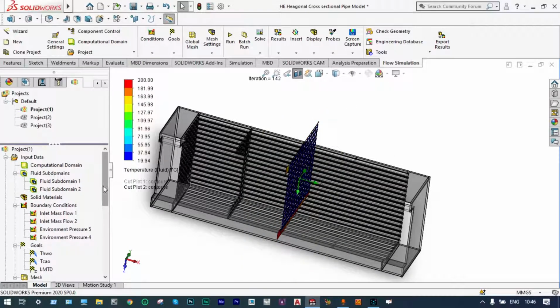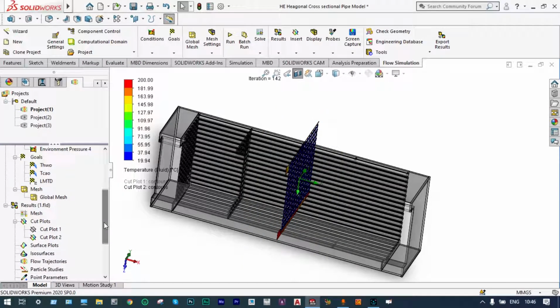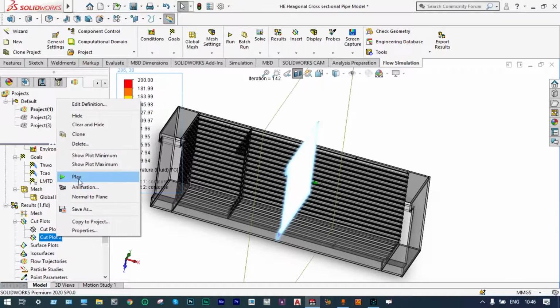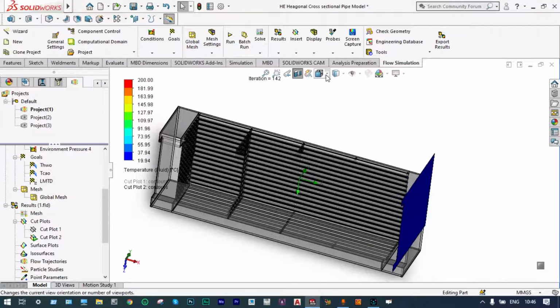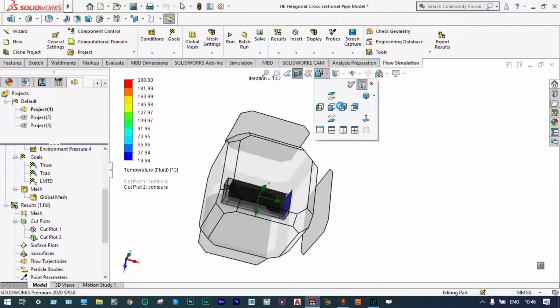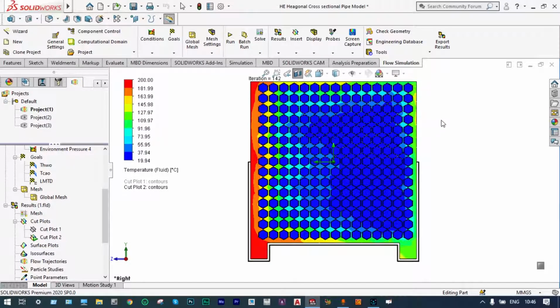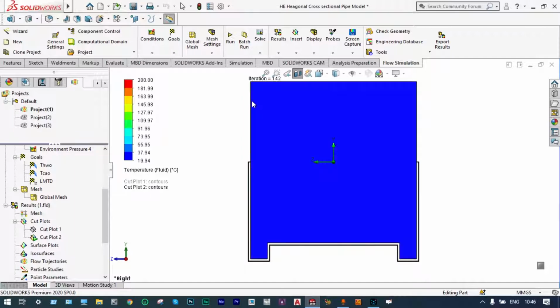Let us see this temperature distribution of fluid in the form of an animation. Let us play it. And it will be better to see from this side view only. You can see the changes approximately. We can see the changes across the side walls.